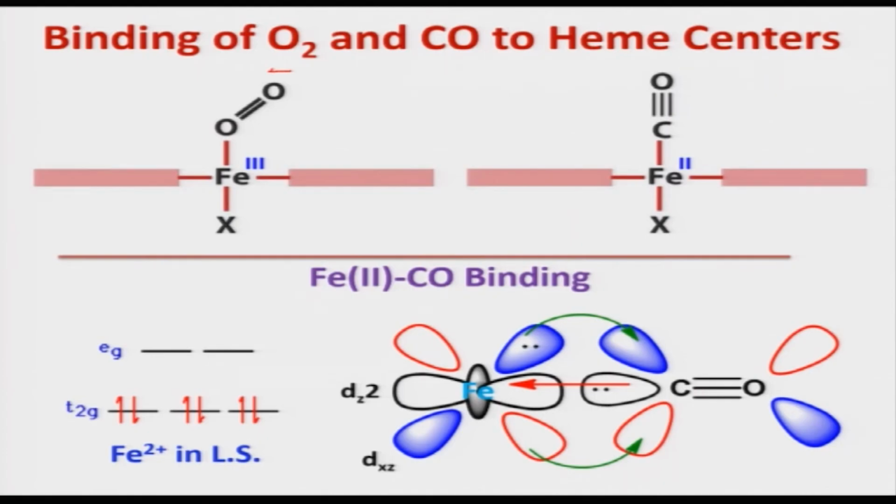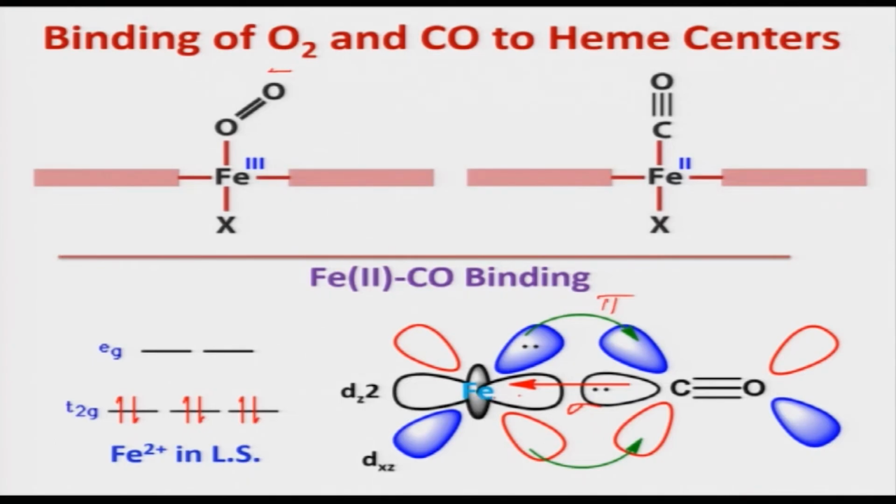As you all know, the metal carbonyl bond is well studied. Here this is the sigma bond and this is the pi. The filled sigma orbital overlaps with the empty dz square orbital of iron and increases the electron density around iron.